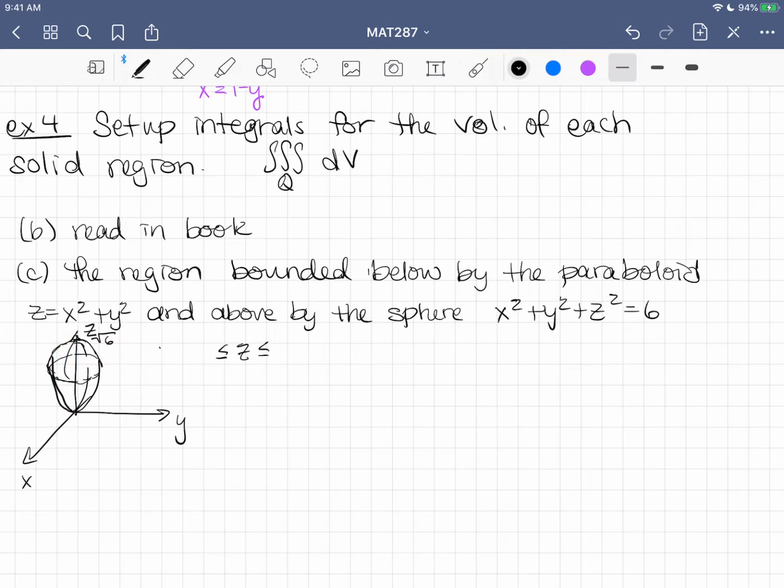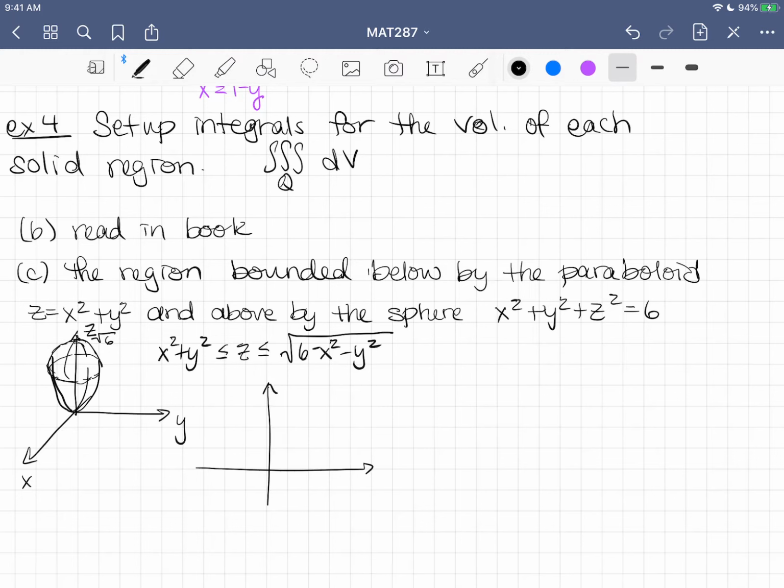My paraboloid had equation x squared plus y squared. And on the sphere, I'm going up to the top half, right? So I can go square root of 6 minus x squared minus y squared. Now, what about my region R for x and y?